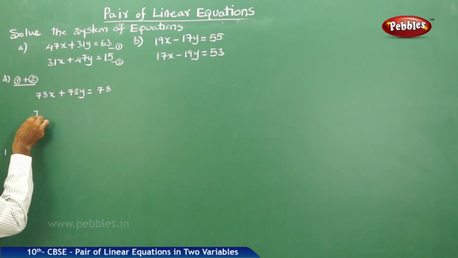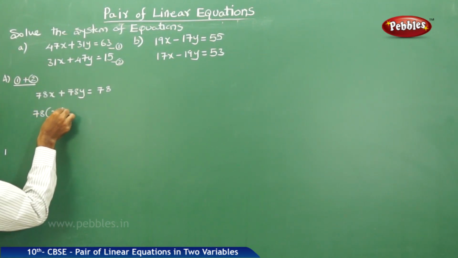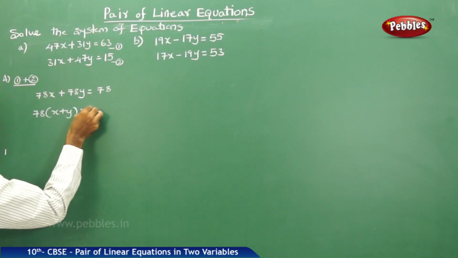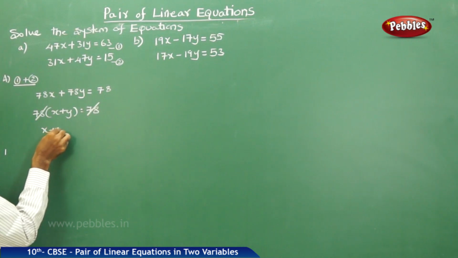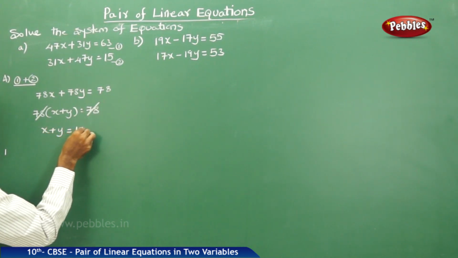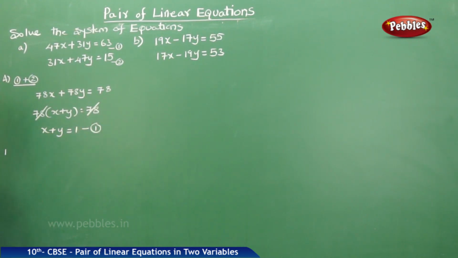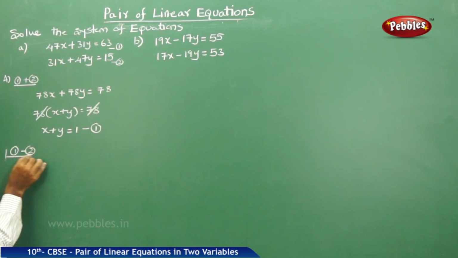Take 78 common. x plus y is equal to 78. 78 gets cancelled, that is x plus y is equal to 1. This is equation 1. Similarly, what you have to do is equation 1 minus equation 2 next.